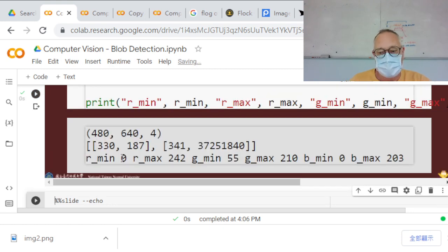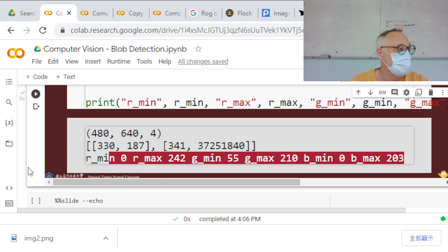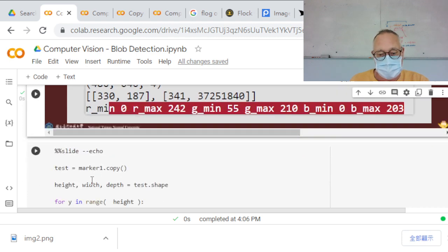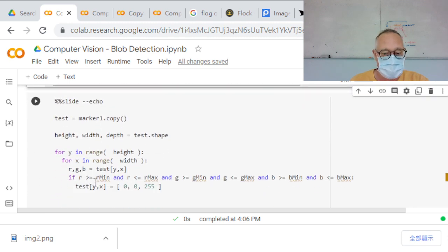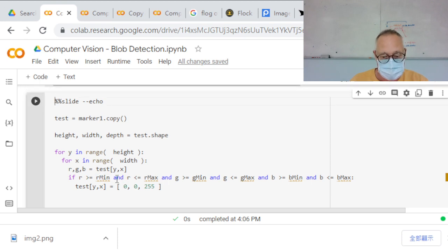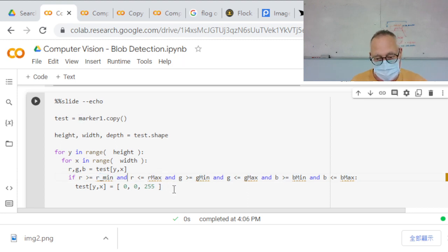So this gives us an indication now for that yellow region, what the red minimum maximum, green minimum maximum, and blue minimum maximum values are. So now I can apply that to the image, and I can replace the pixels that match that particular color predicate.